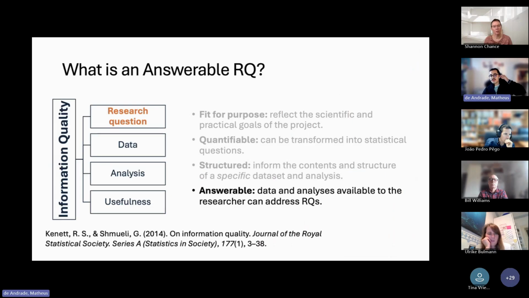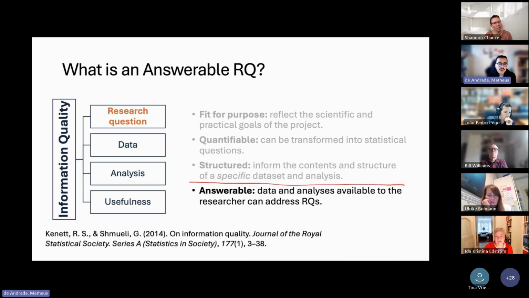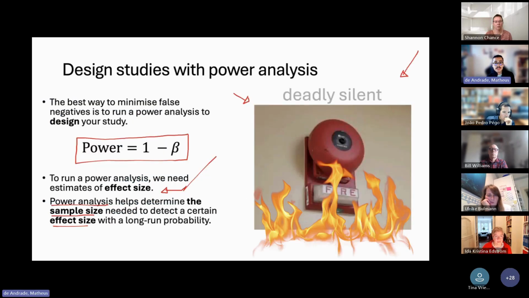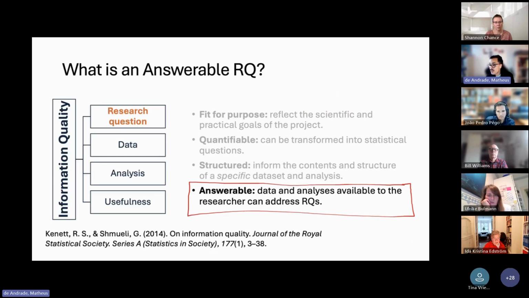And here I am referring again to our last webinar. When we were talking about quality research questions last time, one of the criteria for a high quality research question is that it can be answered. Calculating power helps you understand whether the number of participants that you have access to can help you answer your research question.